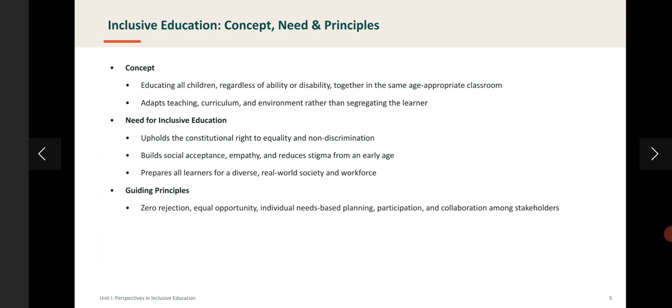The declaration fundamentally seeks to deal with the issue of discrimination at all levels in every facet of society. According to the Children's Act 1998, children with disabilities have the right to be educated.